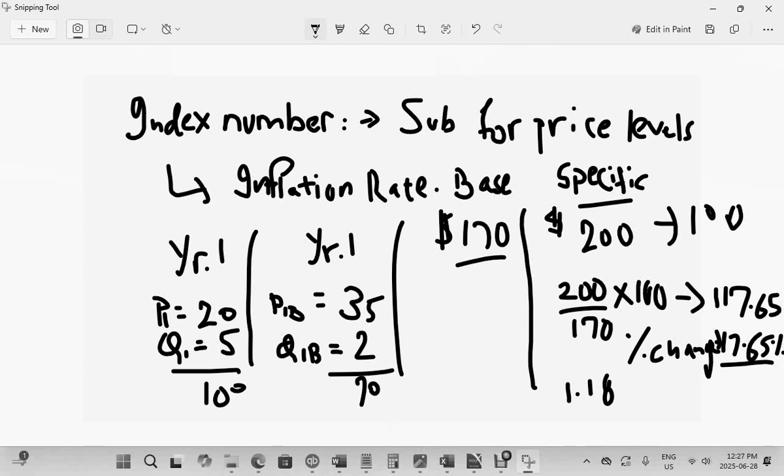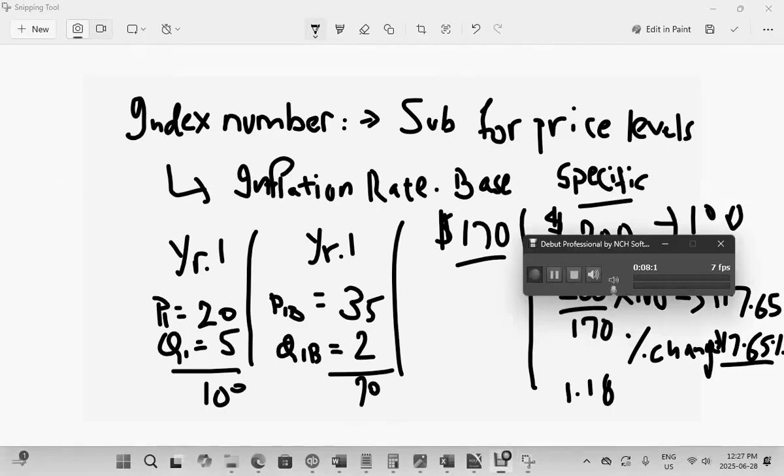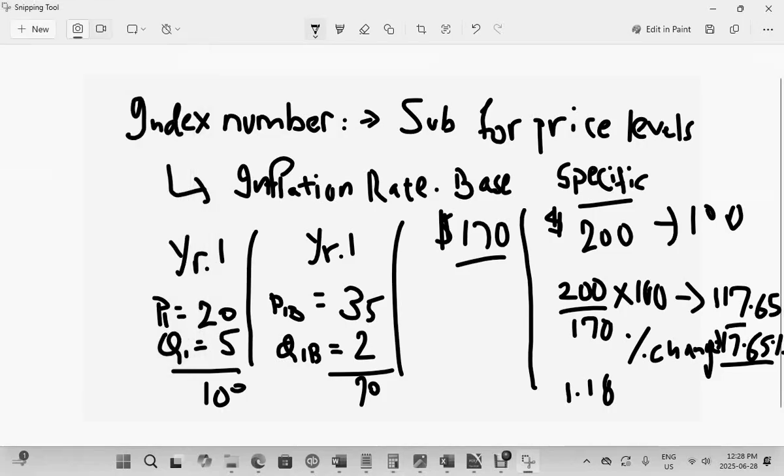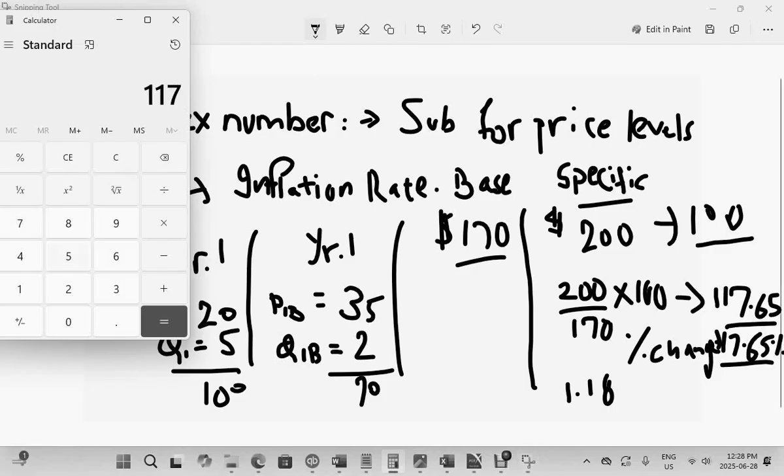Now if you want to figure out the inflation rate of year two compared to year one, you want to work out some calculations. In this case, we'll subtract the two index numbers. So let's say this is index number one, 117.65, and this is index number two. So 117.65 minus 100 for the base year, or the previous year.